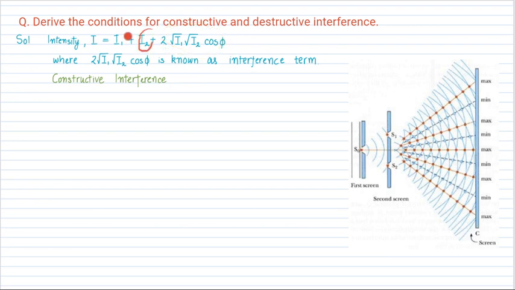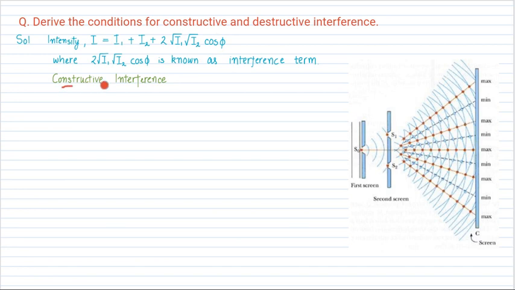We know this is a constant, this is a constant, this is a constant, this is a constant. So it doesn't depend upon the constants, but it depends upon this cos phi term. So if cos phi is minimum, then this third term, your interference term, is minimum. If the interference term is minimum, then the intensity, that means this equation I, will also be minimum. Therefore, at this point, you will get a minima.